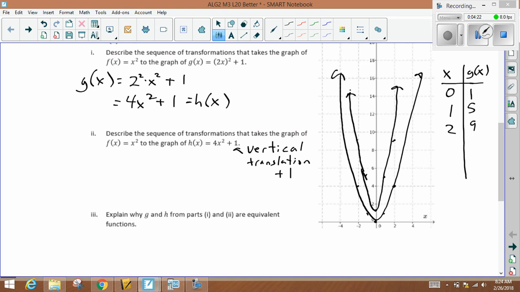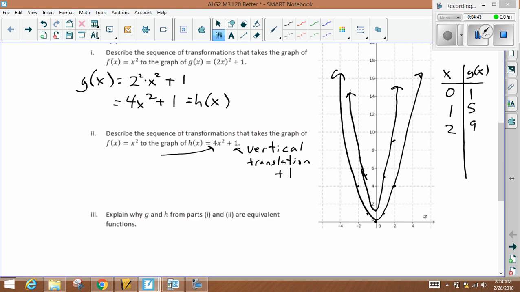What happened here? Some people call it a shrinking or compression, right? Let's call that a horizontal scaling, right?